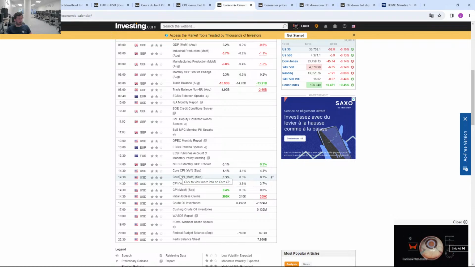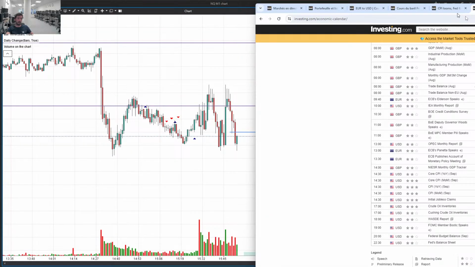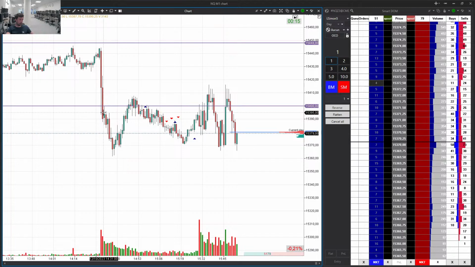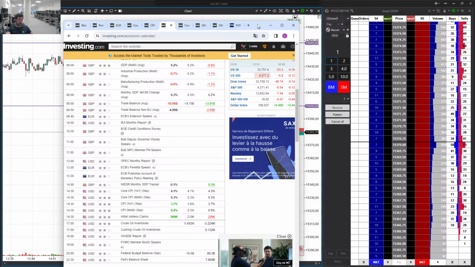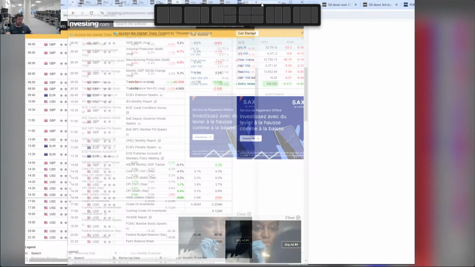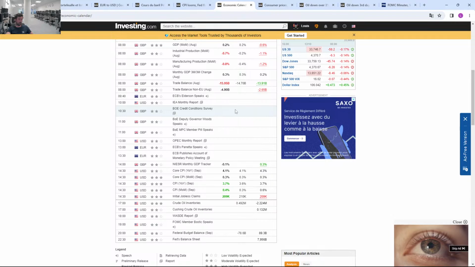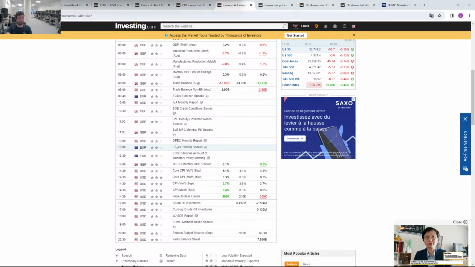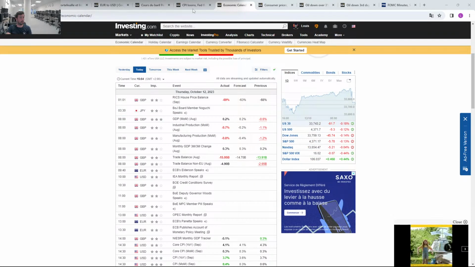Even though it's not necessarily good, today at CPI the market dropped, but the Fed watch tools all seem to say they're going to maintain their interest rate for now. Jobless claims are maintaining their level and don't really affect the market. So that's basically it for the economic calendar.